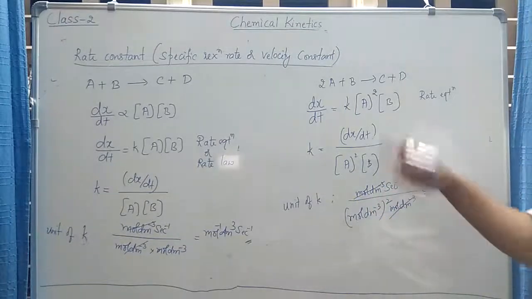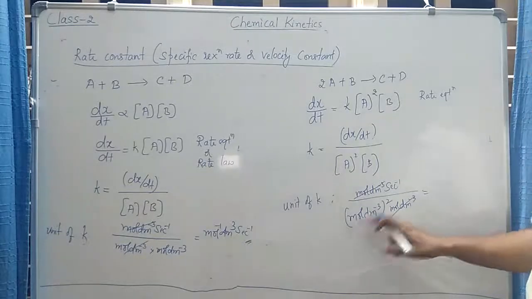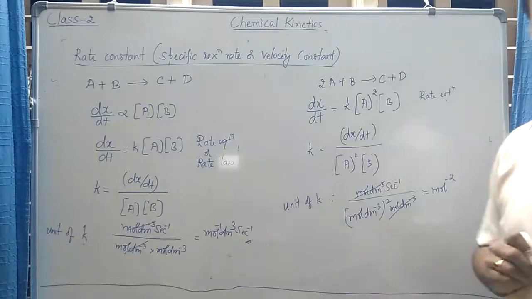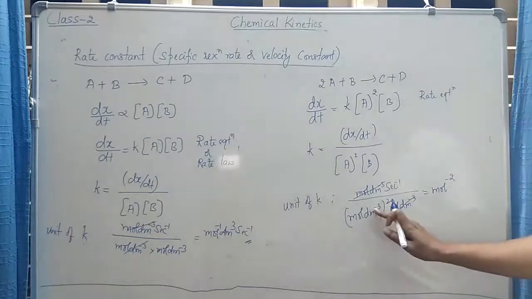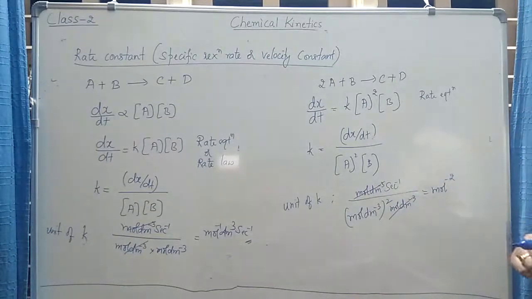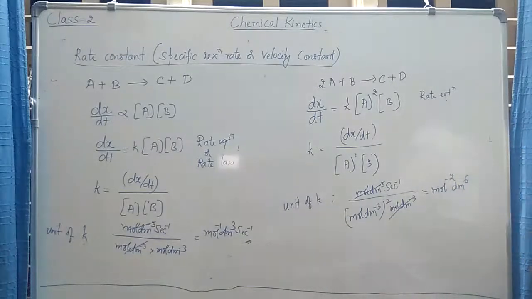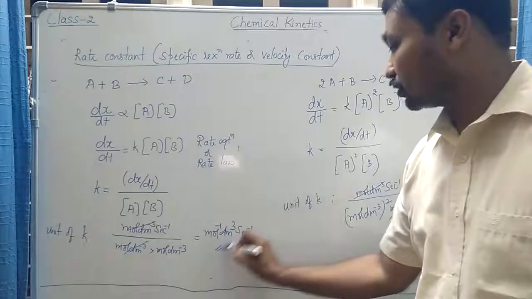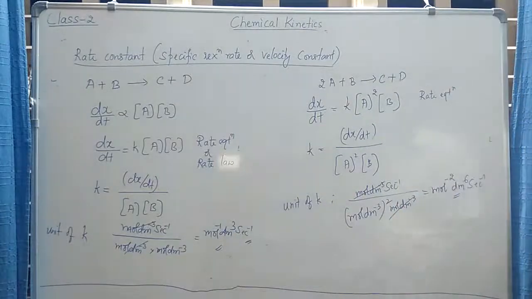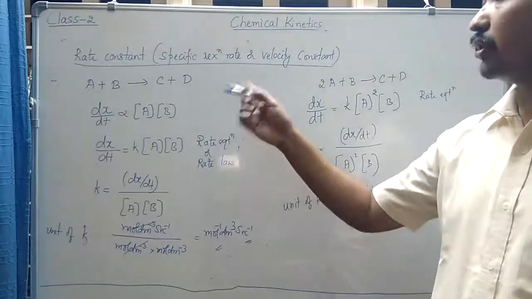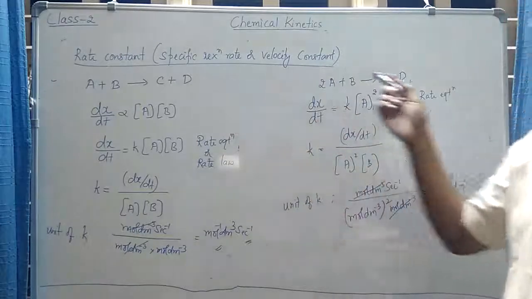Taking everything to the numerator, mole square becomes mole to the power minus 2, and dm minus 3 square becomes dm to the power minus 6, which when shifted to the numerator becomes dm6, and you have per second. So it is clearly observed that the unit of rate constant is not the same. It varies from one reaction to another.